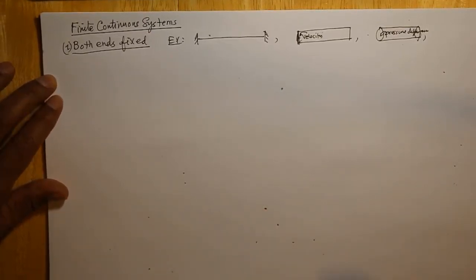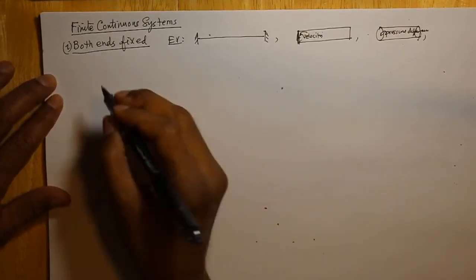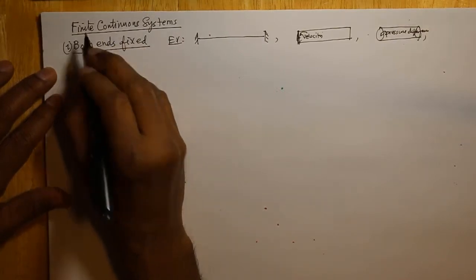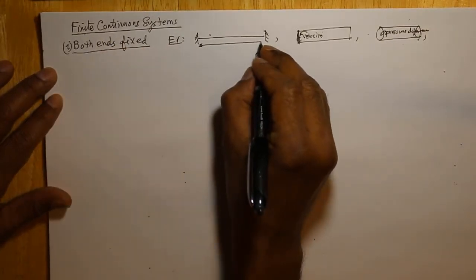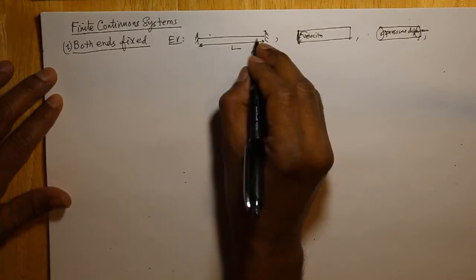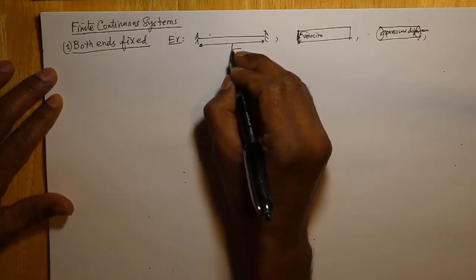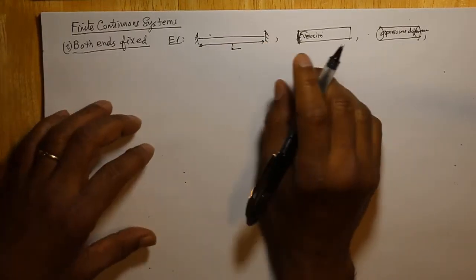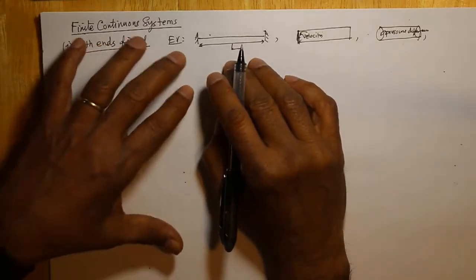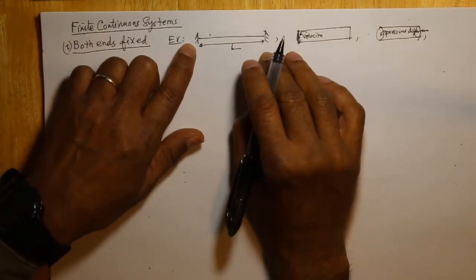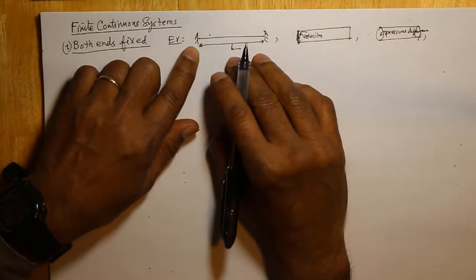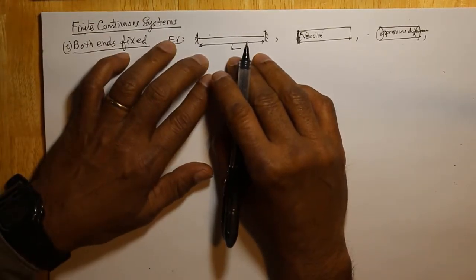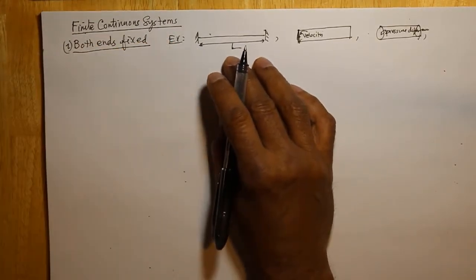Okay, let's see. By finite system, I mean that there is a length over which the system extends. If this length was infinite in open space, we'd have a separate consideration. But this is a finite system. It has normal modes of vibration, which are just called modes here.